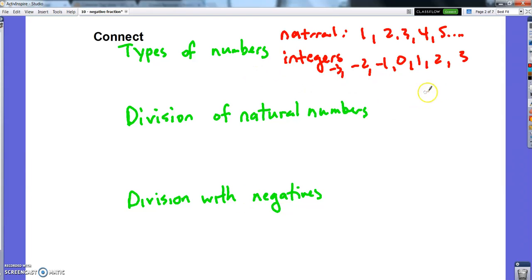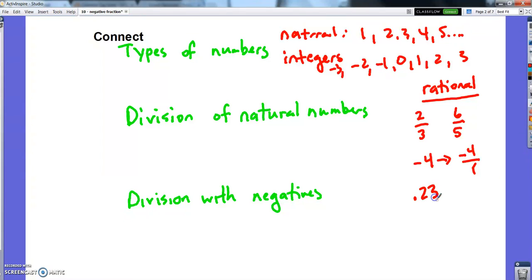And then we've also talked about rational numbers. Remember, rational numbers are any number that can be written as a fraction. They don't have to be written as a fraction, but they could be. So for instance, like 2/3 or 6/5. Those are obviously rational numbers because they're written as a fraction. But whole numbers are too, like -4, that still is a rational number because I could write it as a fraction.